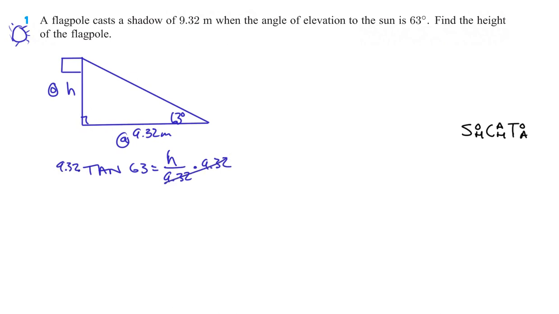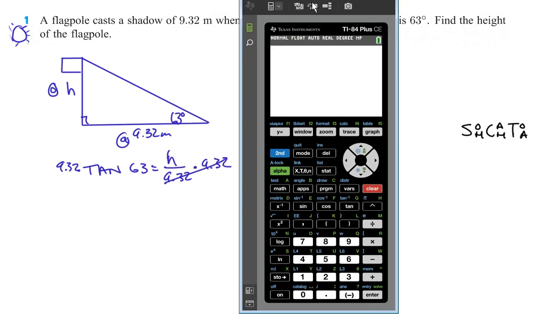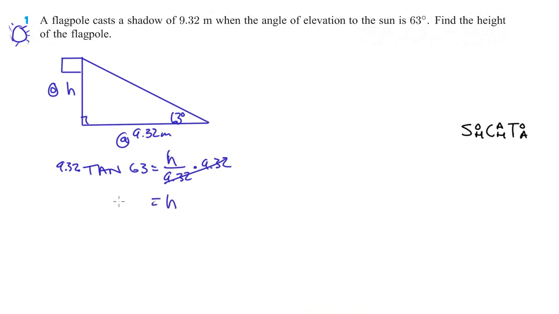And that should tell us what the height of the flagpole is. So 9.32 tangent 63 gives us that it's about 18.3 meters high. Okay, so that's what the height of that flagpole should be.